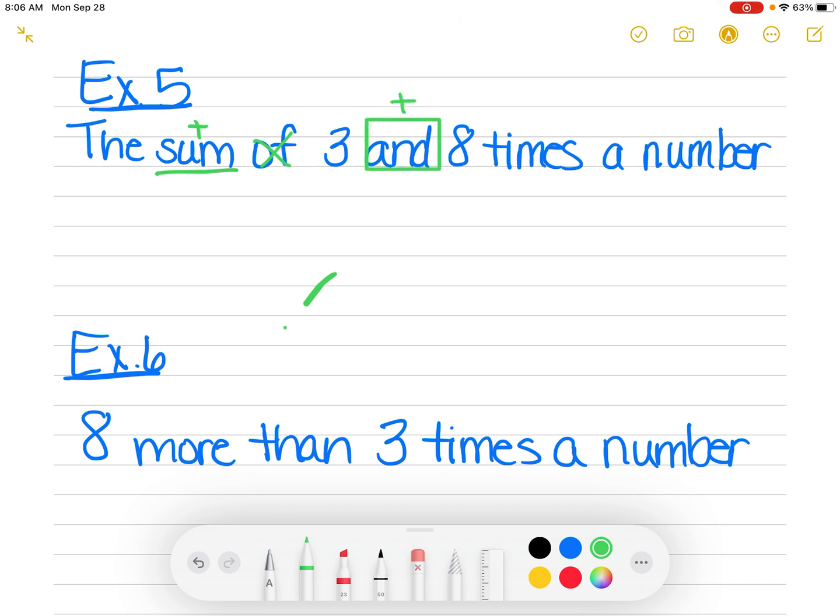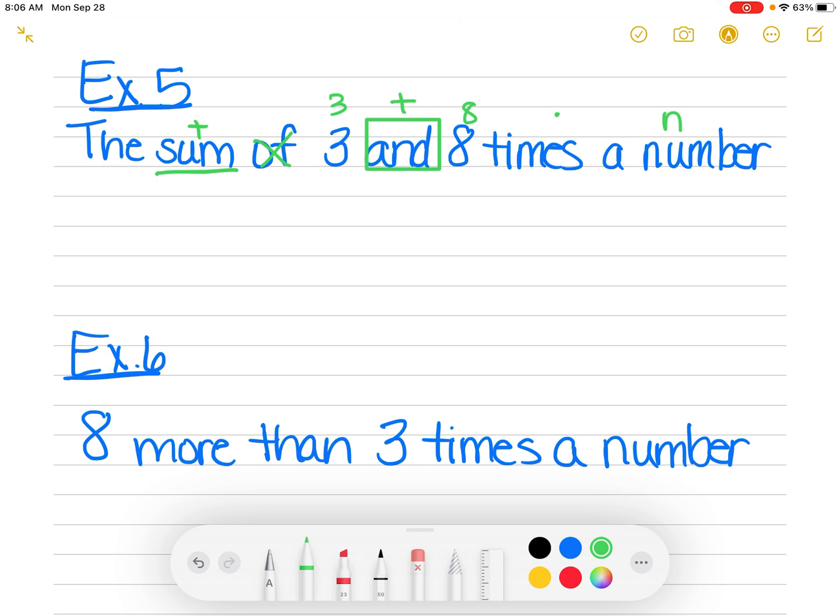Okay, now I want to do the next part, 8 times a number. So here's our problem in green. 3 plus 8 times a number. Let me take out that x, that looks funny to me. I want to just put a times sign.